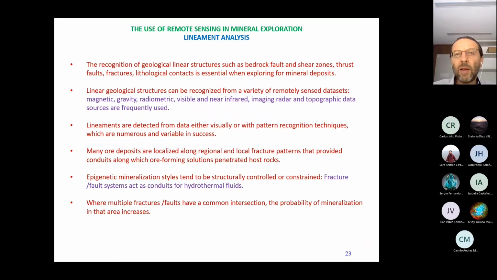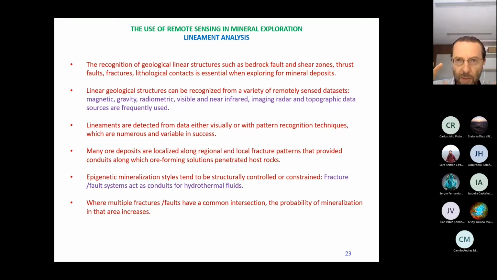So any linear features that we can find in different types of imagery, and this means not only images from the satellites, but also geological maps, geophysical data, things like this. All right, so you see the list of data sets that can be used for lineament analysis. Now, what happens?